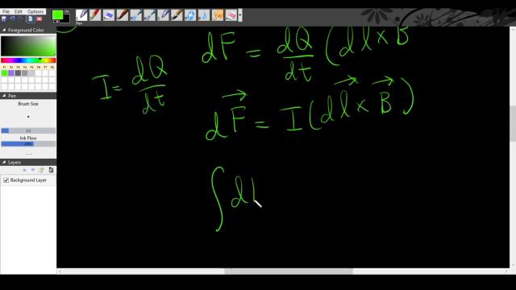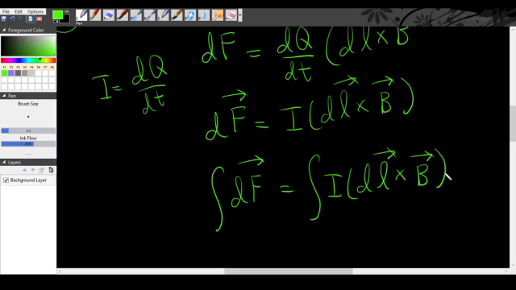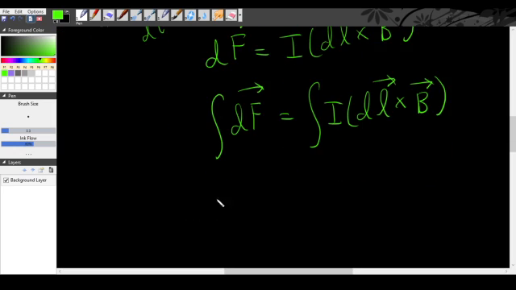So we have the integral of dF is equal to the integral of what I just wrote on the right. And then now we should get that F, the magnetic force for a current carrying wire, is equal to the current times the length of the wire crossed with the magnetic field.